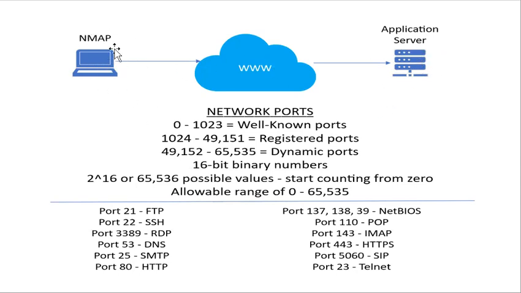We have someone here with Nmap running on his or her laptop, and this person is trying to scan the open ports on this server. That's basically what it is. And on the server, as you can see down here, we have so many ports that applications could use on a server.